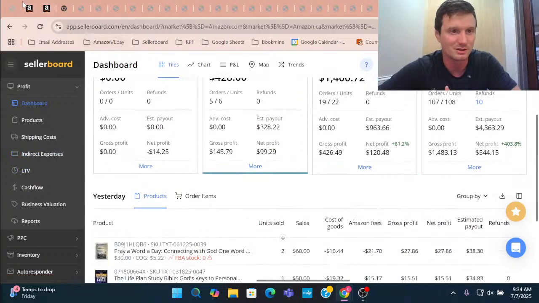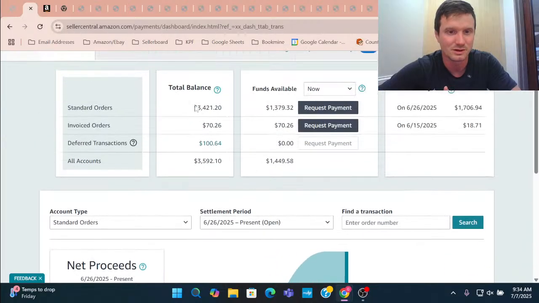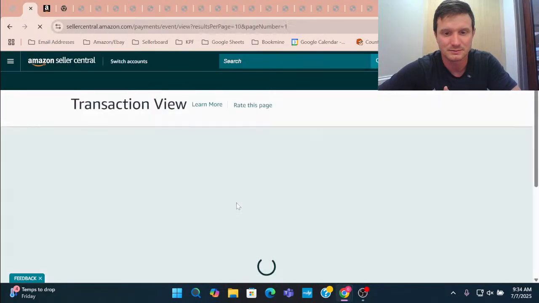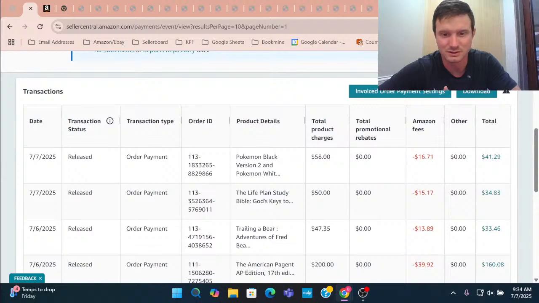They're just telling you, hey, let's look at this, you sold this Life Application Study Bible for $50. We took out this much money, and we're going to deposit this much money into your reserve account, and then you'll get it paid out eventually.